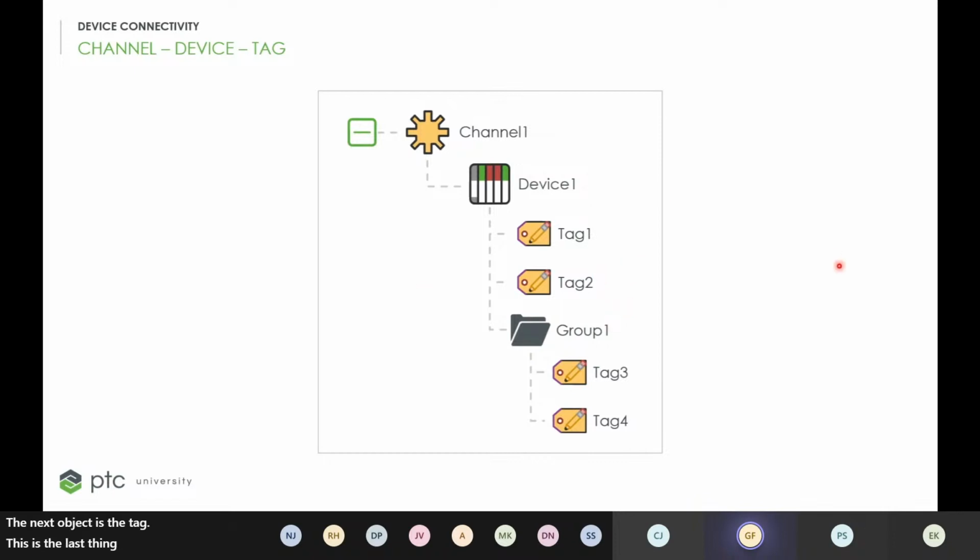Tags are basically the data you want to access from the device. Tags are data points in the PLC, in the memory address space of the PLC. That's what data tags are. So a client that connects to Kepware is able to access these tags and read them through Kepware.